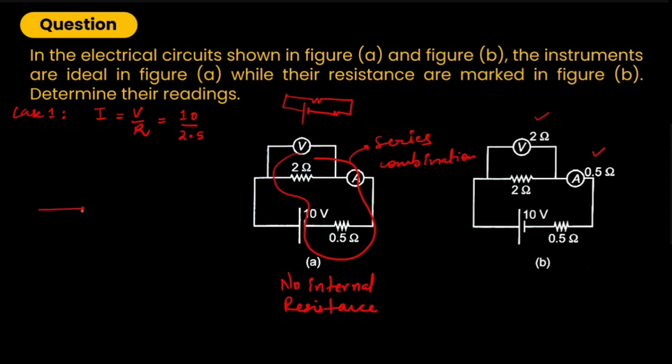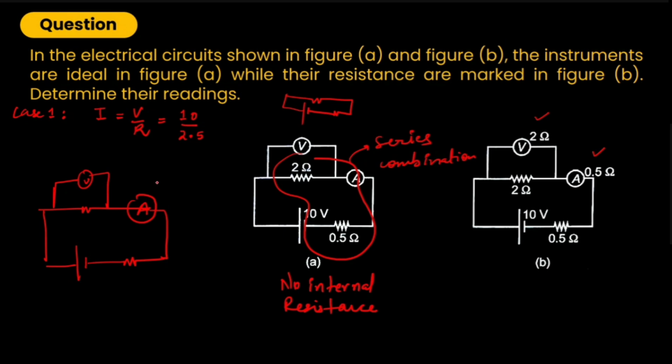Because whenever we have an ideal instrument connected in a circuit, its internal resistance is supposed to be zero. If the internal resistance is zero, it simply means that no current will pass through them, and so they won't affect the circuit. But they are still connected in the circuit so that they can measure the current and the potential.